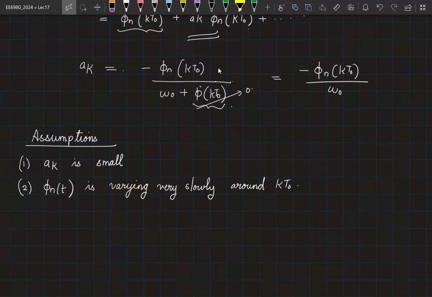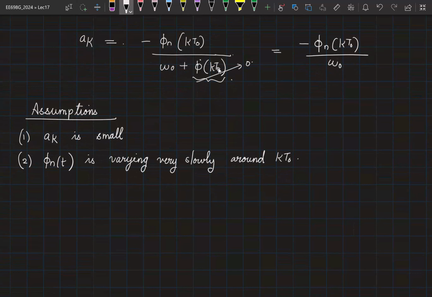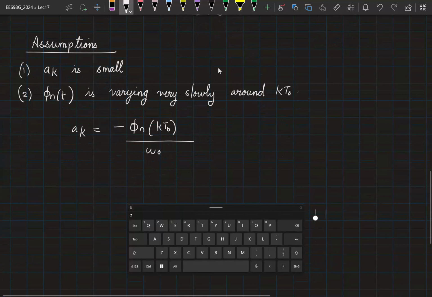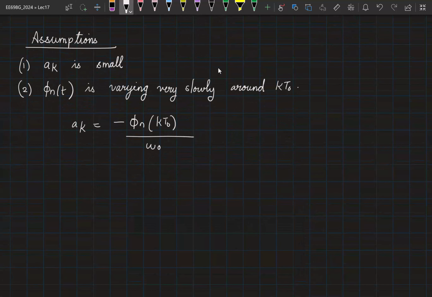Right? So now you have a relationship between absolute jitter, which is a discrete time sequence, and phase noise, which is a continuous time signal. And that relationship is Ak is equal to minus phi n of Kt naught divided by omega naught. So jitter is a sampled and scaled version of the phase noise. I can represent this as a model.